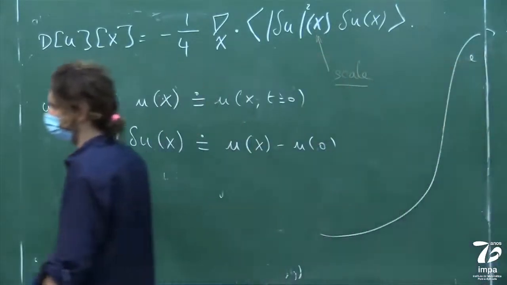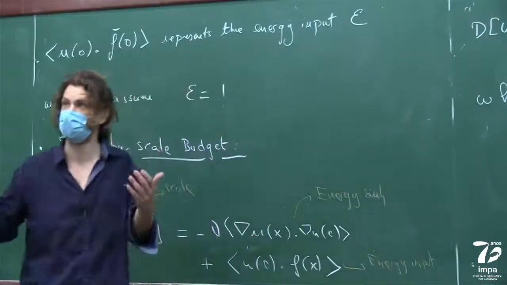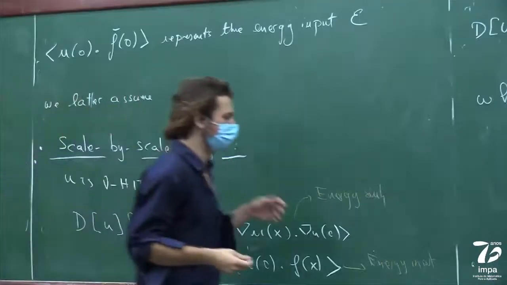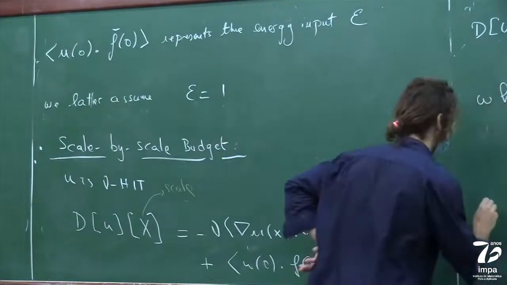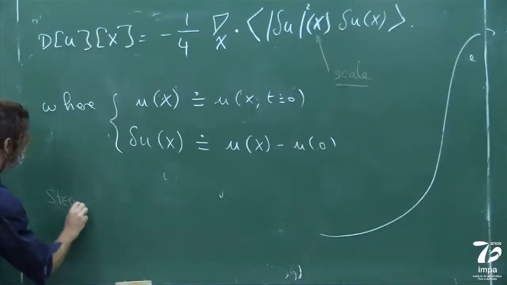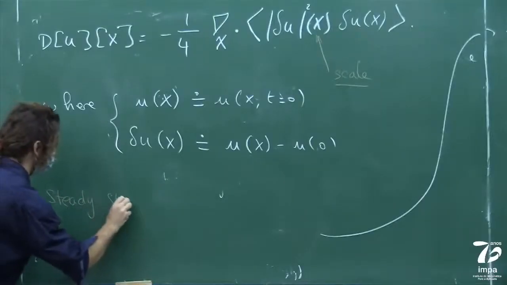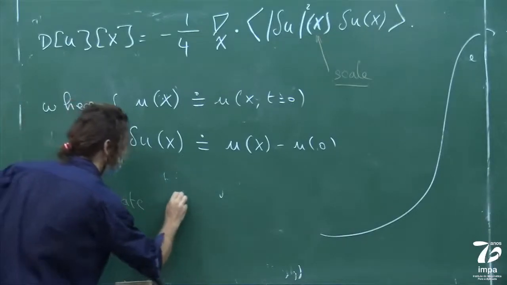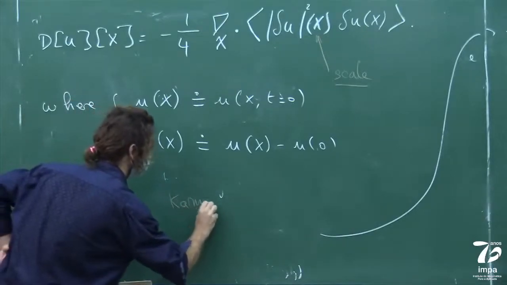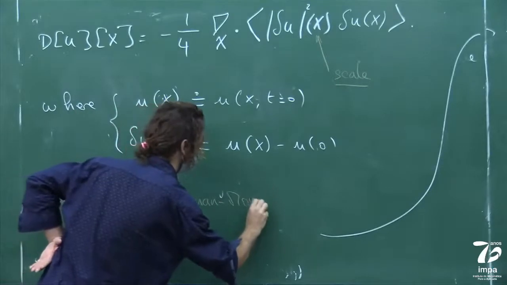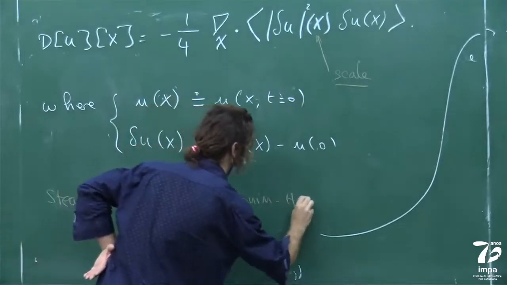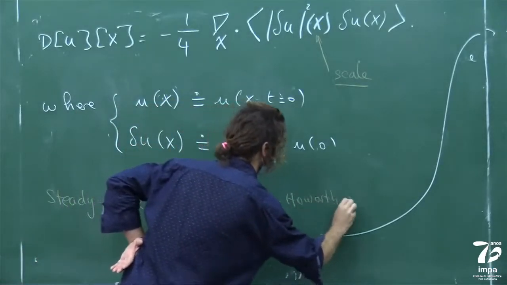So in the literature, this kind of relation can be referred to as a steady state Kármán-Monin-Howard equation.